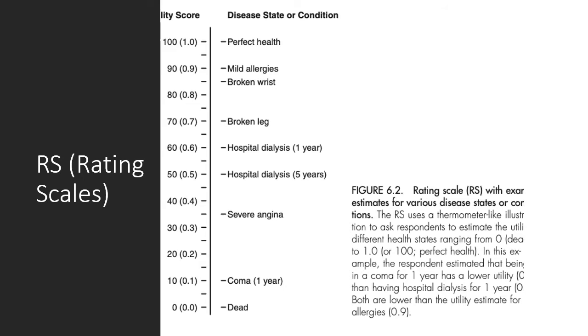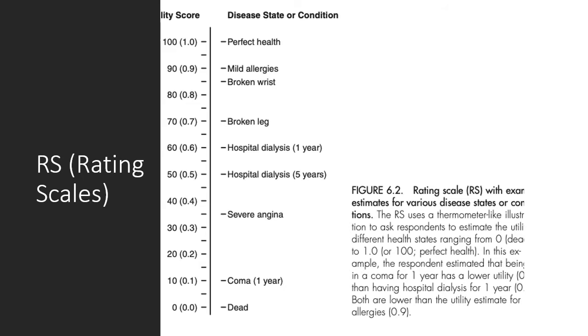Now the rating scale looks like a thermometer kind of illustration. It asks respondents to estimate the utility scores for different health states ranging from 0 to 1. 0 means death and 1 is assigned as perfect health.